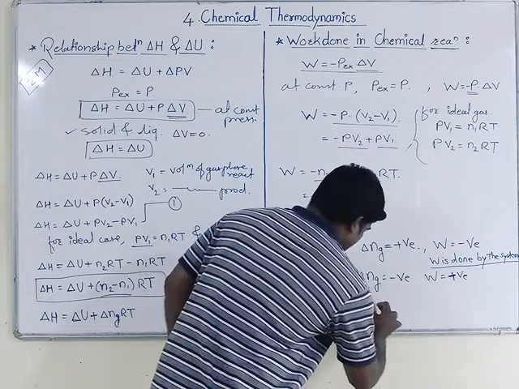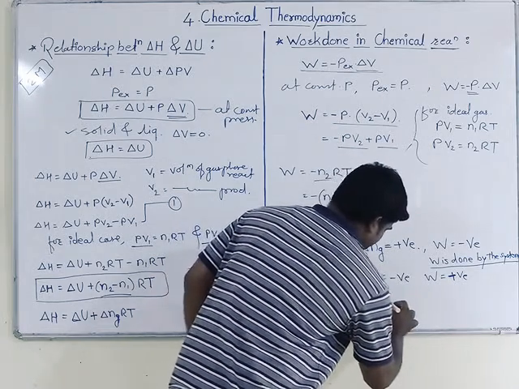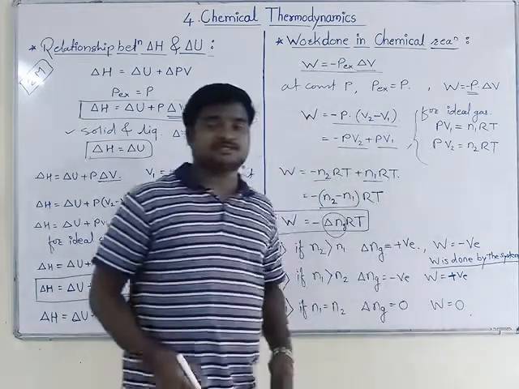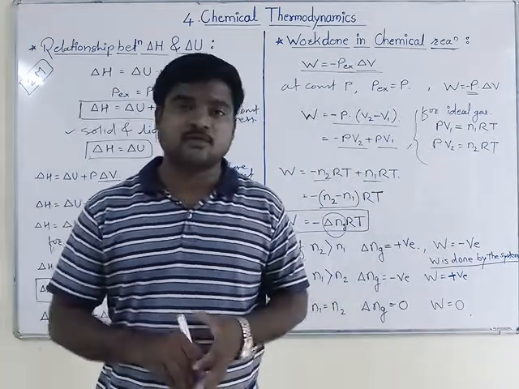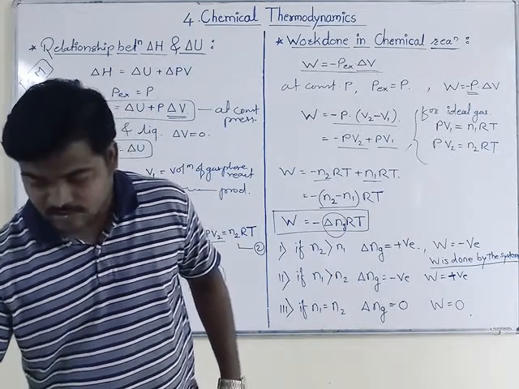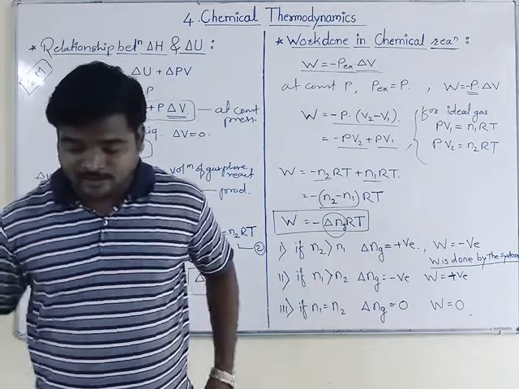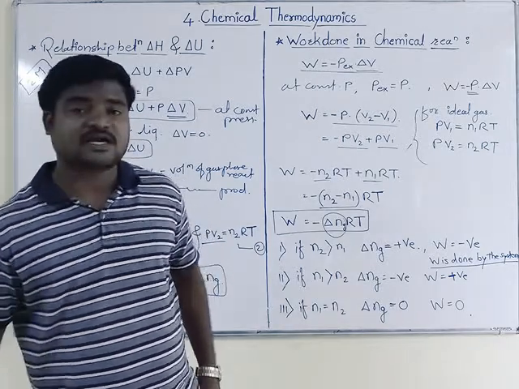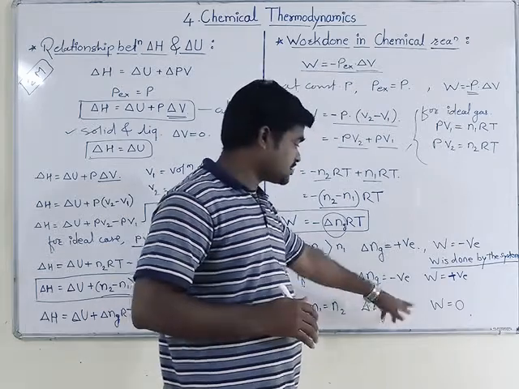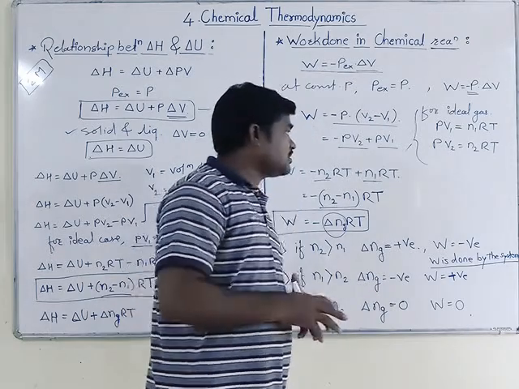That is, delta Ng is equal to 0 and W is equal to 0. So in the third case no pressure-volume type of work is done. When the number of moles of reactants and products become equal, there will not be any work done.